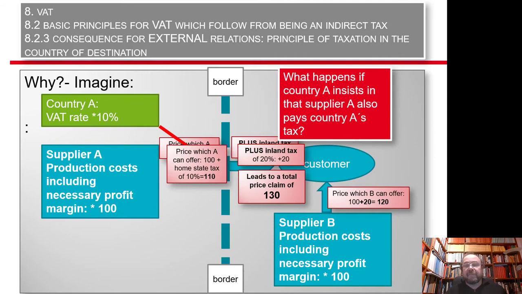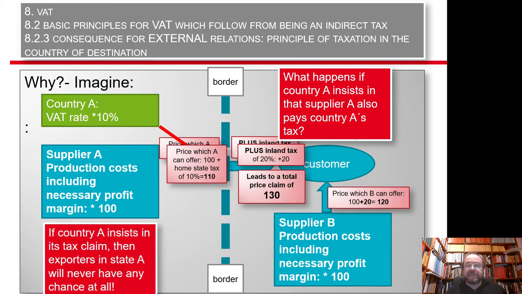That's one time VAT too much. That kicks you out of the market. The disadvantage in the price is so high that you will be excluded from the market. So if you don't exempt exports from indirect taxation, then you will have no exports. That's the plain and simple truth and consequence.